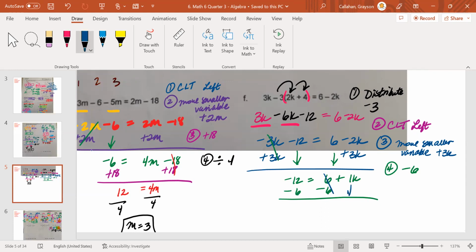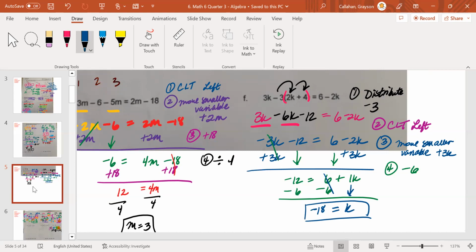So slowly, step by step, get rid of it. You don't need to put a 1k. 1 times k is just k, right? If it was other than 1, you would probably have to divide it. So what's negative 12 minus 6? Negative 18. Okay, I think that's about it.